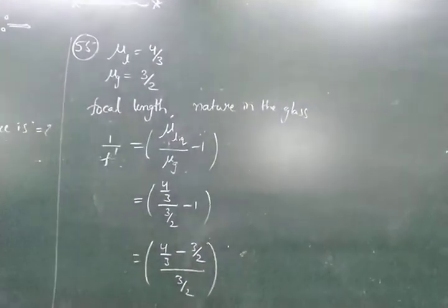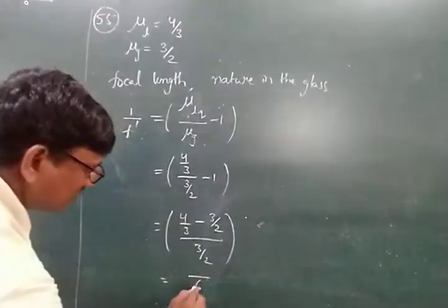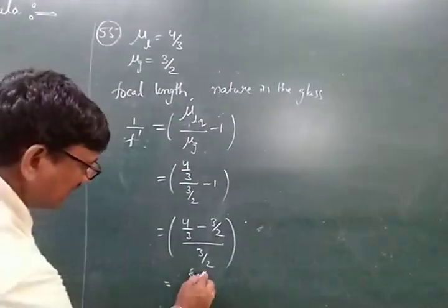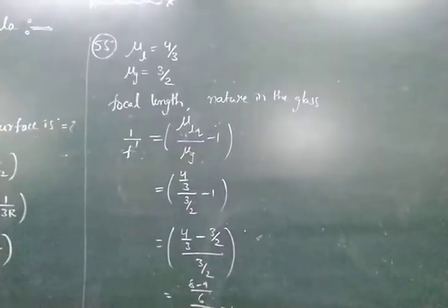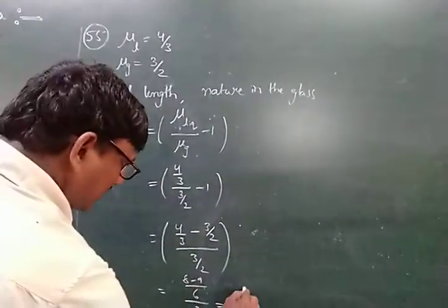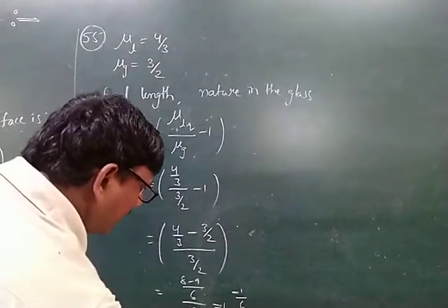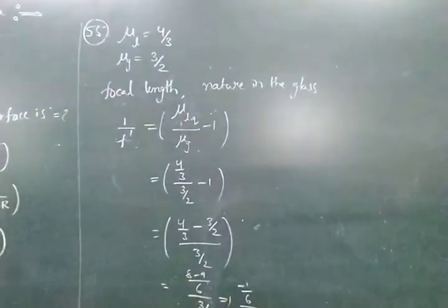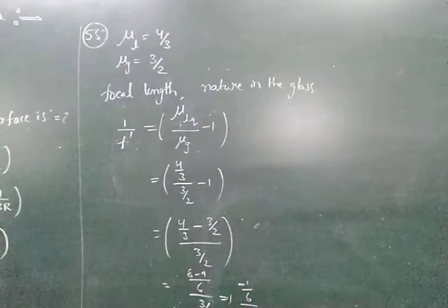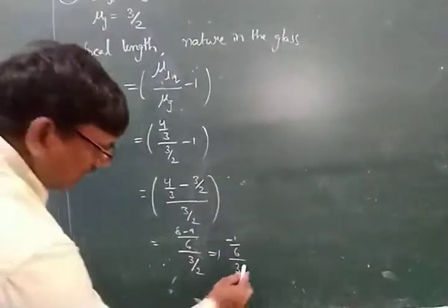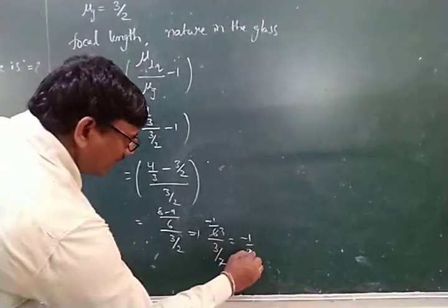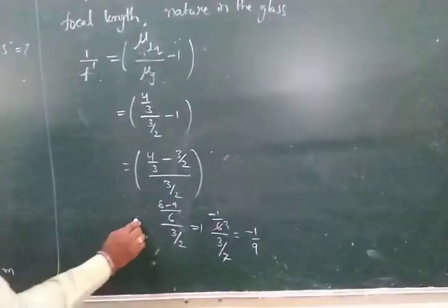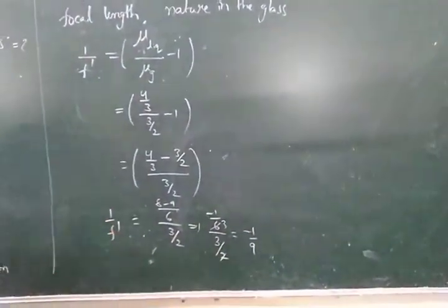The LCM is 6, so 8 minus 9 gives minus 1 by 6, divided by 3 by 2. Cancelling the 3, that is equal to minus 1 by 9. This is 1 by f dash.